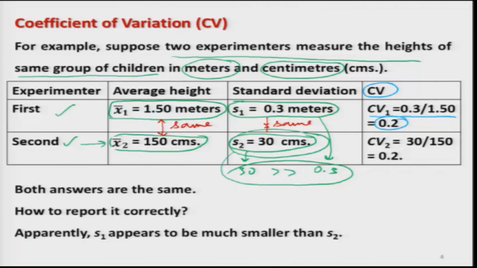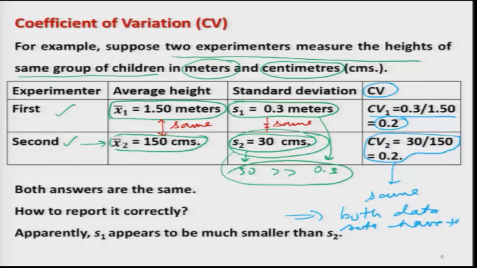And in the second case also, the coefficient of variation comes out to be 30 upon 150, which is equal to 0.2. So, you can see here that both the values are the same, and this indicates that both data sets have the same variability.